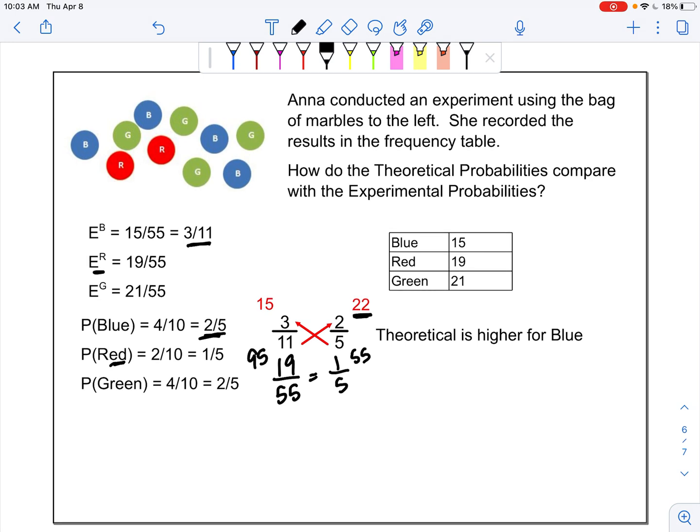So in this case, experimental was higher. So then let's do it for this last one, 21/55 and 2/5. So when I cross multiply, this is 110. And then 21 times 5 is 105. So in this case, the theoretical was larger.